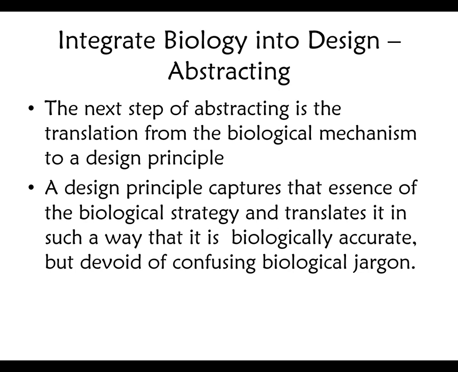A trained biologist at the design table specializes in this kind of translation, but it's a skill that any dedicated practitioner of biomimicry can develop over time with a concerted effort. It definitely takes practice, but a good translation leads to more effective emulation.